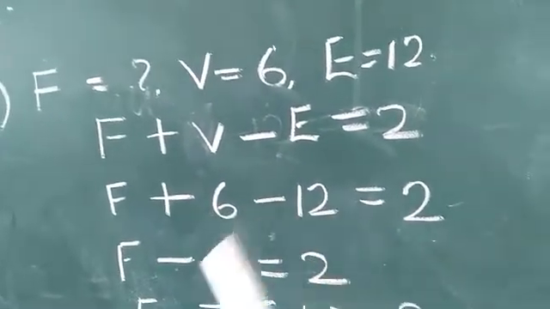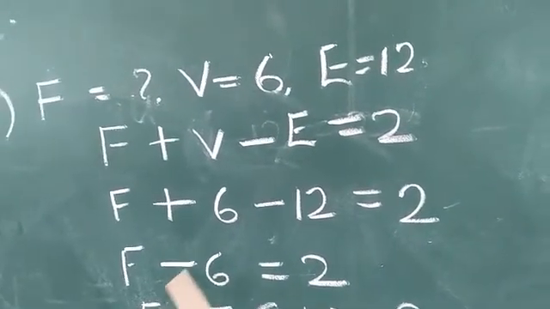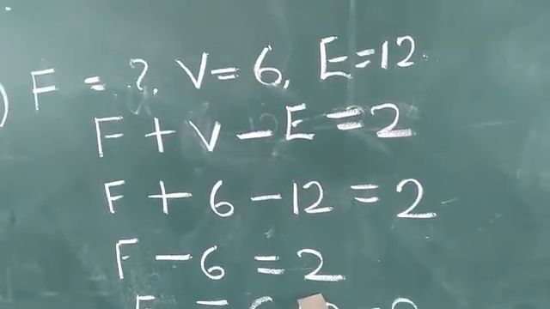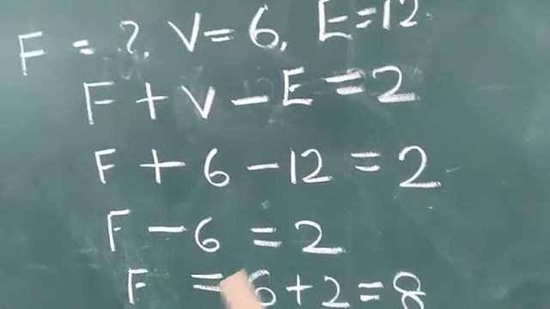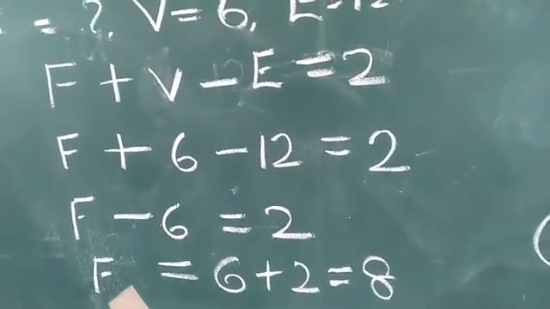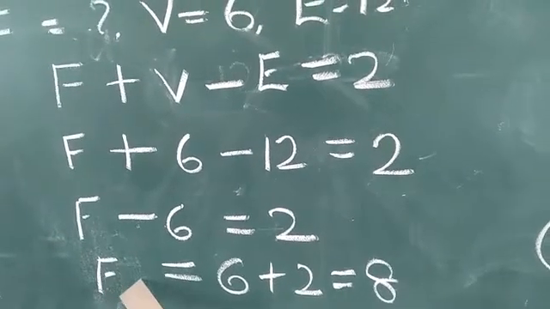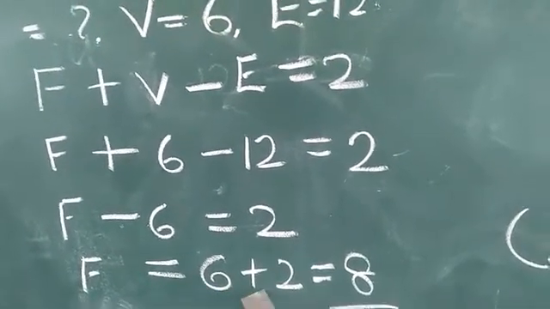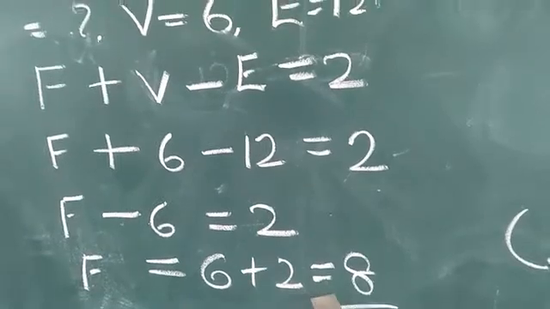6 minus 12 is minus 6. So, F minus 6 is equal to 2. Therefore, transposing negative 6 to RHS, we will get the unknown. F is equal to 6 plus 2 equals 8.